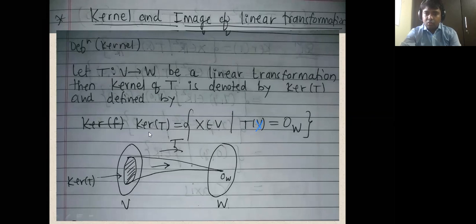So kernel T is defined as the collection of those vectors x belongs to V such that T of x is equal to 0 in the codomain. This is called the kernel of a linear transformation.